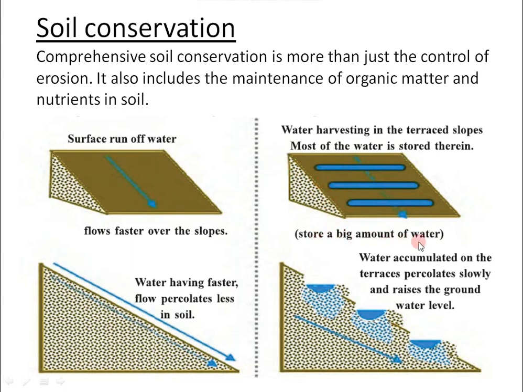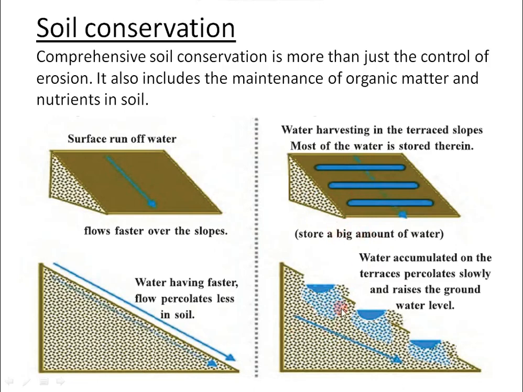Here we can store a big amount of water in these types of terraced slopes. Water accumulated on the terraces percolates slowly and raises the groundwater level, because in this channel water is stored and percolates deep into the soil. As we know, we have scarcity of water and our groundwater level is also decreasing. This method is very important in sloping regions.